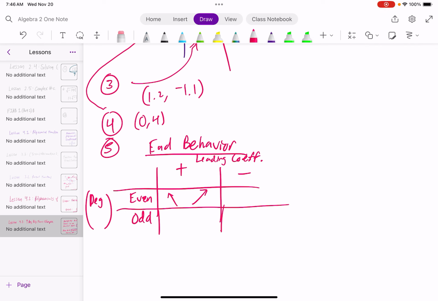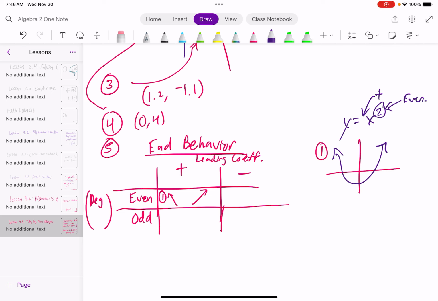So I'm going to call that case 1. For case 1, we have something like that. Y is x squared. The leading coefficient is positive, and it looks like that, and it's even. See how the 2 is even? It has an even degree.